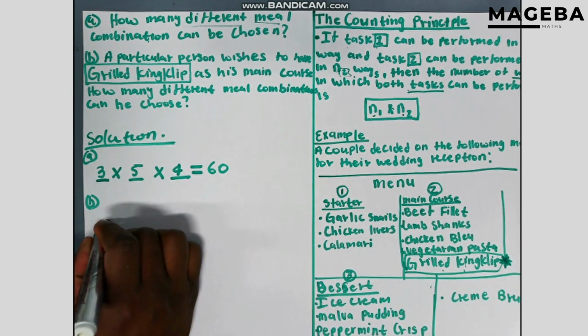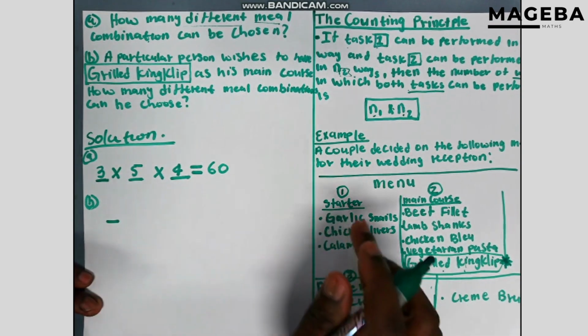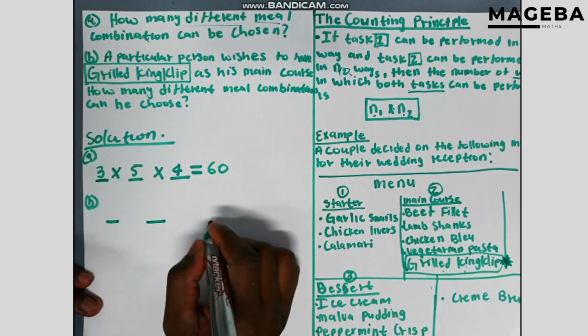On the starter, remember, we still have 3 tasks: a starter, a main course, and a dessert.